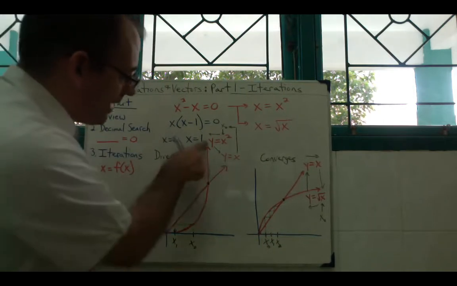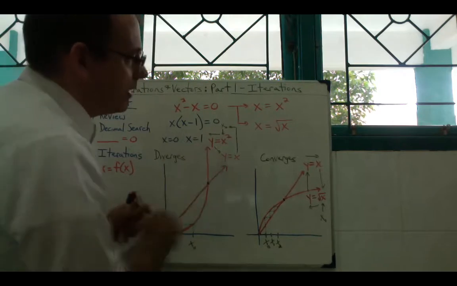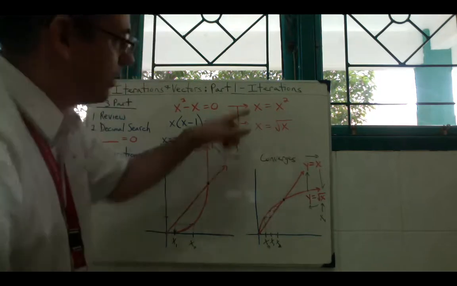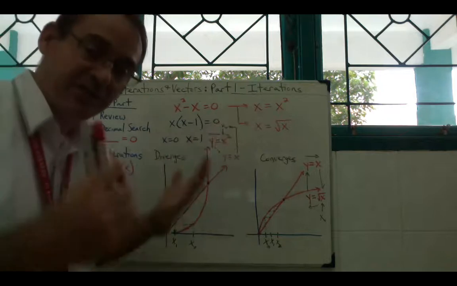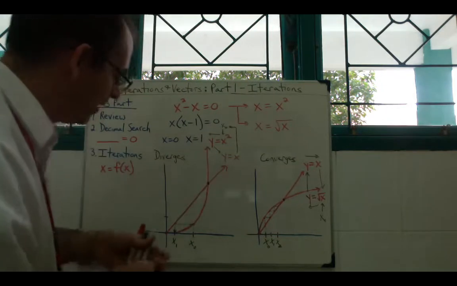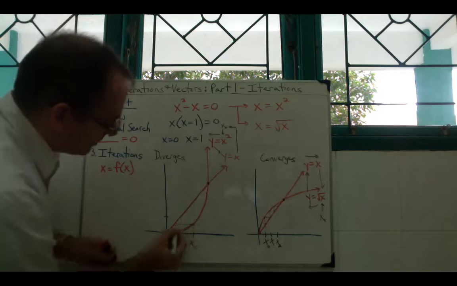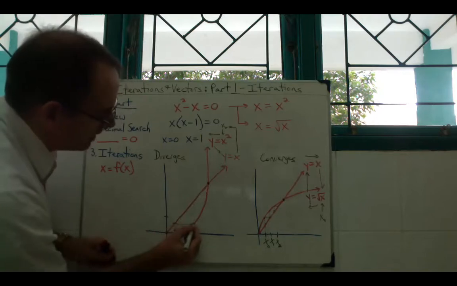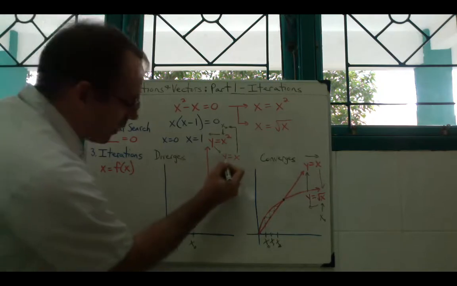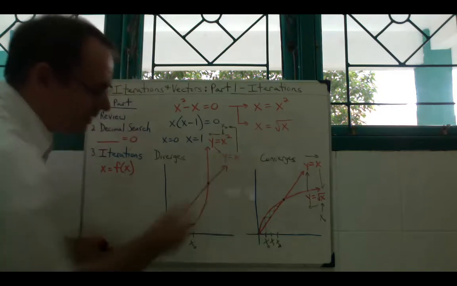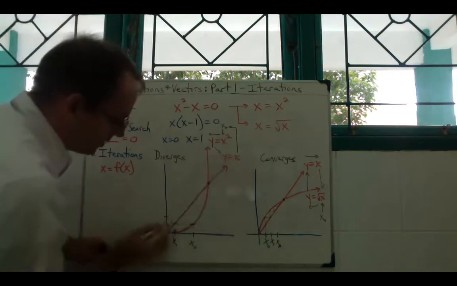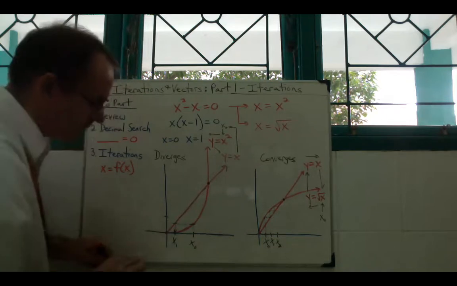Well, this y value is equal to the y value on the other side. It's y equals x and y equals x squared. That means the y's are equal to each other. So this y value is the same as this y value over here. And this y value, because it's on the y equals x line, is equal to a particular x value.